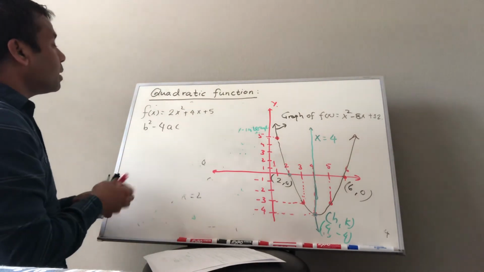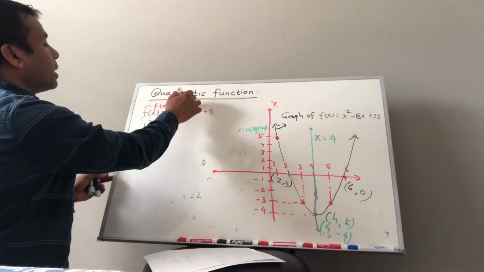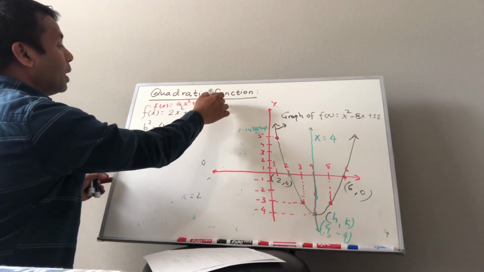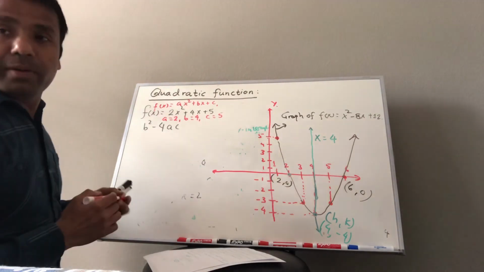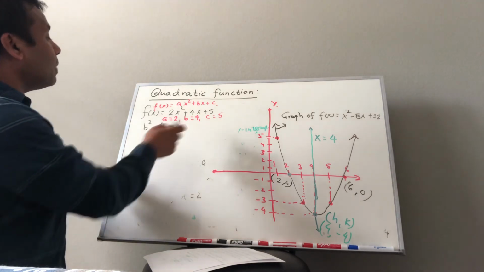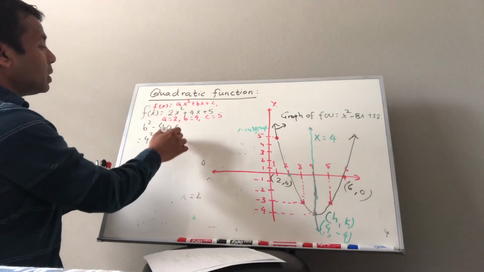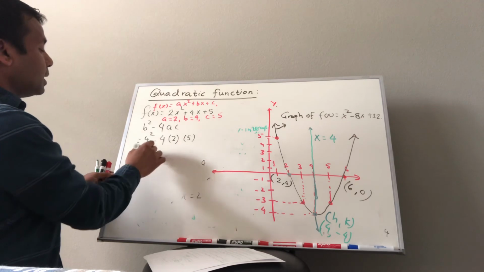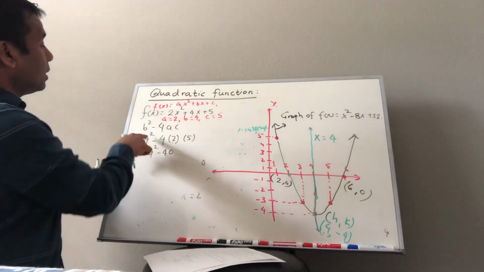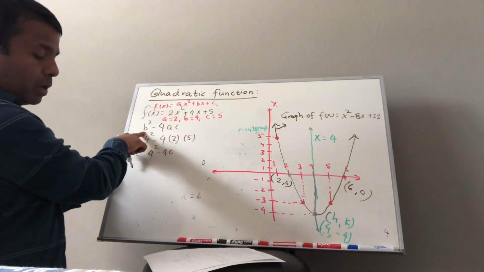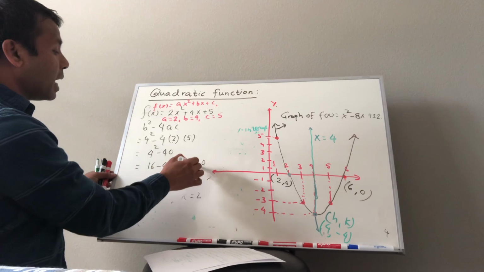If you compare with f(x) equals ax squared plus bx plus c, you get a equals 2, b equals 4, and c equals 5. Plugging in, b squared minus 4ac is 4 squared minus 4 times 2 times 5, which is 16 minus 40, equal to negative 24.